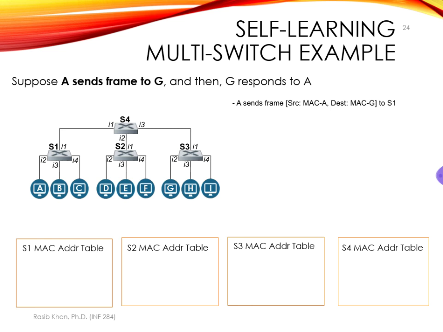Below, you can see the MAC address tables for the switches S1, S2, S3, and S4. S1 receives the frame from A and sees that it does not yet have a record of the MAC address of A. So it enters it into the table, where MAC A is connected through interface I2.